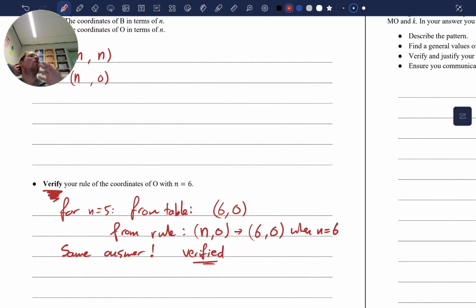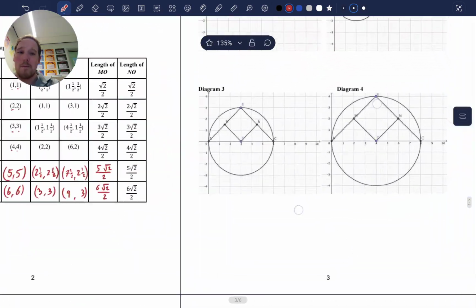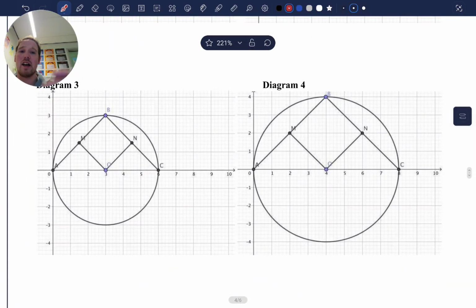Now, an even more elegant solution would be not even to refer to the table, but to make a diagram for number 6. I think that I would like even more. So you can see there's a diagram here for number 4. We can do a diagram for number 5 or 6. Either one works. And you will then show that in your diagram, for instance, if we would continue this pattern, for this diagram, point B would end up there, and point O would end up 1 to the right more.